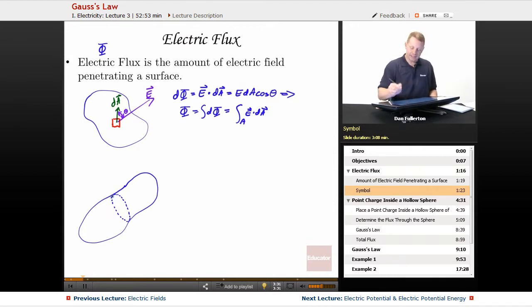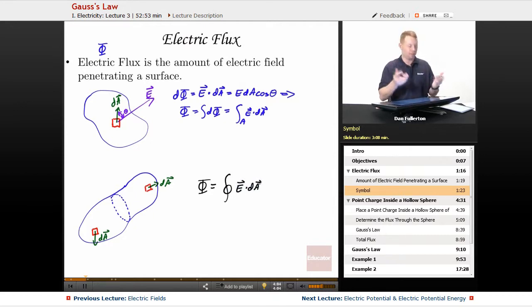Well, in this case, we could define some little piece over here as dA, or you could define, say, something over here as a dA. But once again, the total flux is going to be the integral over the closed surface, a shorthand notation, integral over a closed surface of E dot dA. So you're integrating over the entire thing to enclose it.